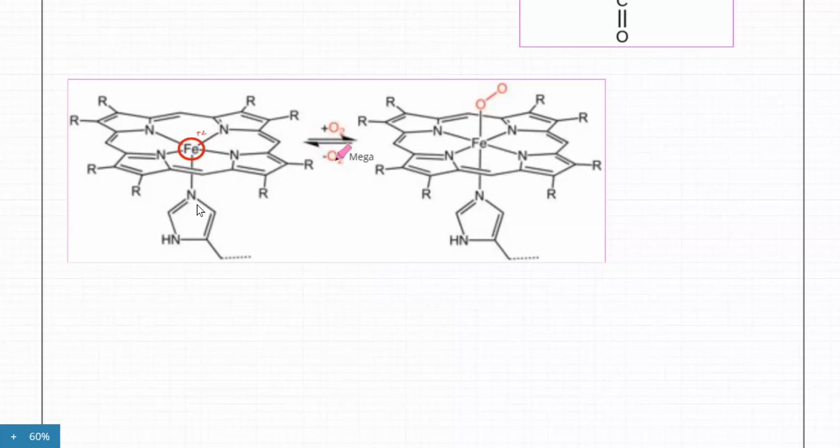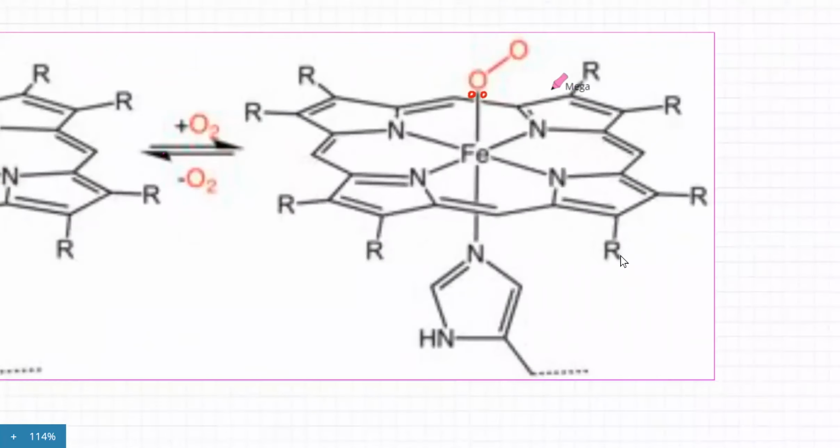And how does it absorb oxygen? When oxygen molecules are floating around, the oxygen molecule has lone pairs. The lone pairs of oxygen get attracted to the iron, which is stuck in the middle. One side is open. That's where the oxygen molecule gets absorbed.